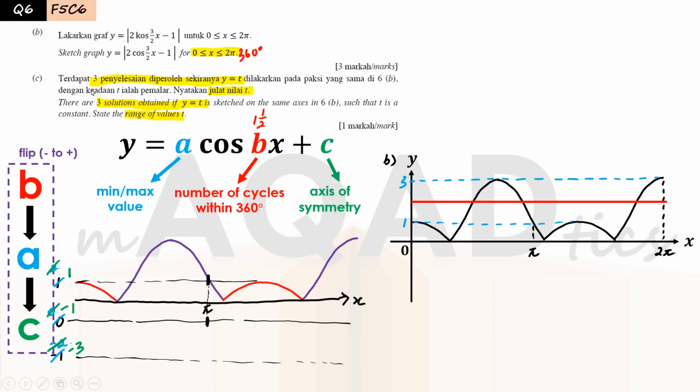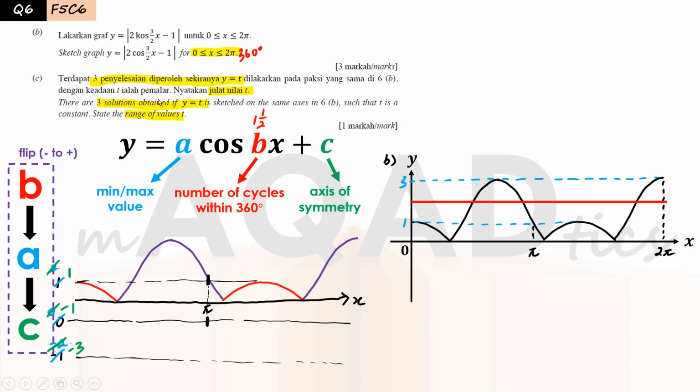And 3 solutions here means 3 intersection points, meaning the intersection points of this horizontal line and the graph that we have drawn just now. For example here, we have 1, 2, 3 points, which means 3 solutions, which can be our answer.